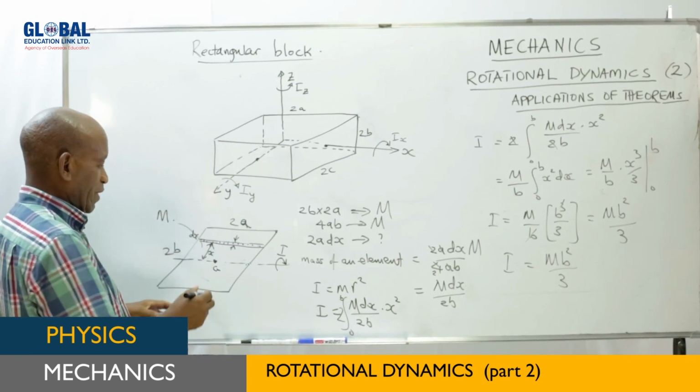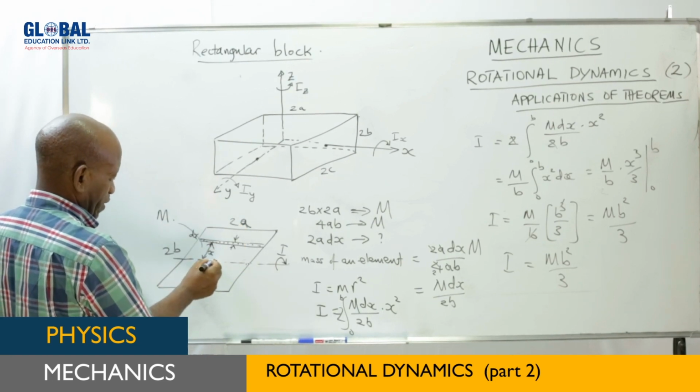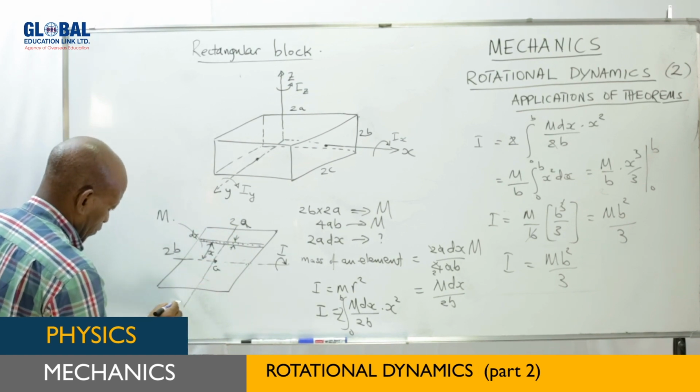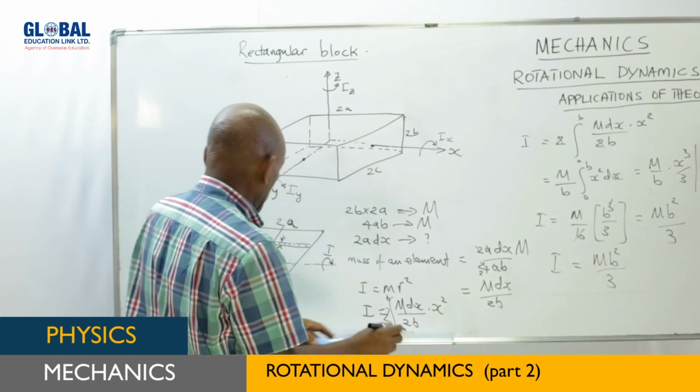So it means that whenever I take another axis of rotation passing through the same center of gravity, rotated this way, that particular moment of inertia will have the same expression as this.